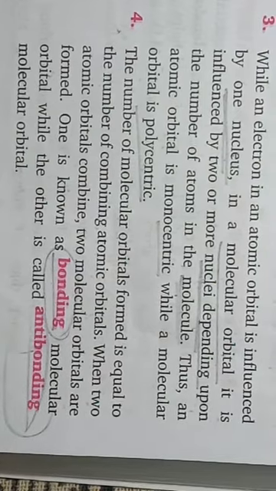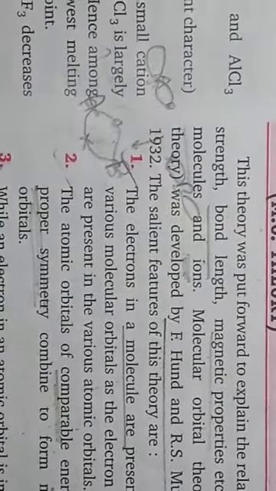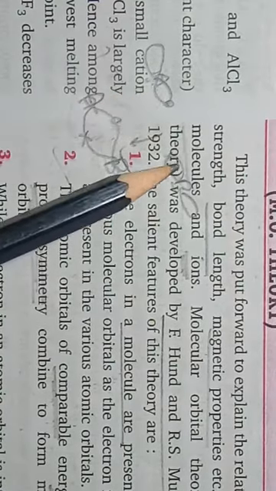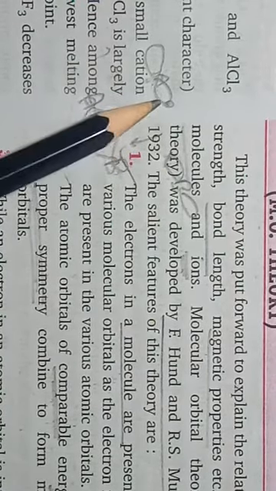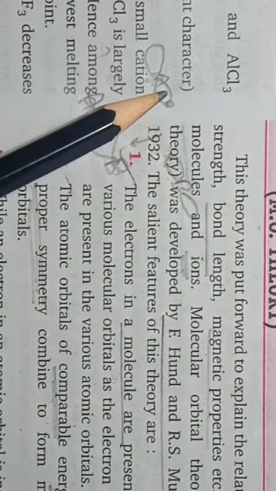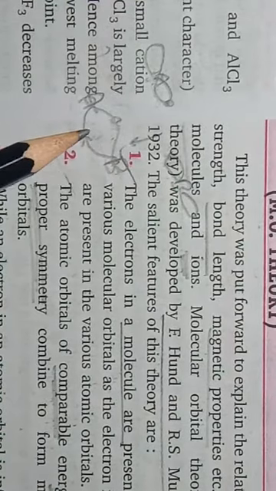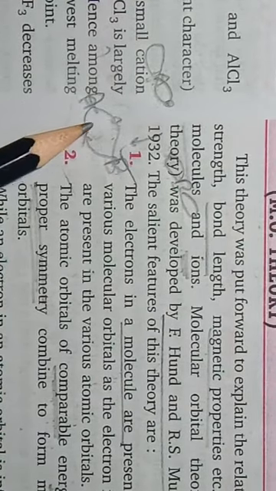Okay, students, so as you can see here, these two atoms A and B, and these are the orbitals which are going to overlap or combine with each other. So due to the combination of these two atomic orbitals, two new resultant molecular orbitals will form.